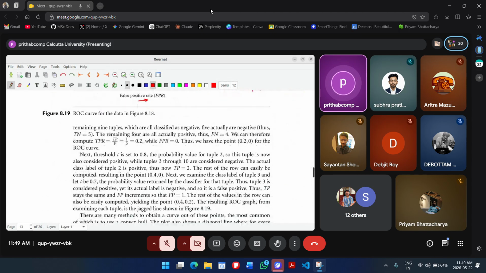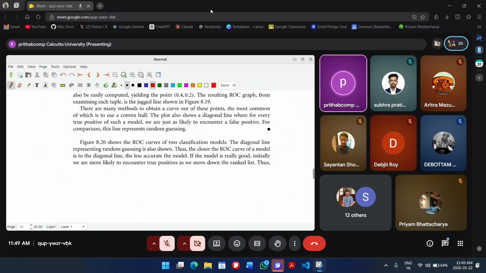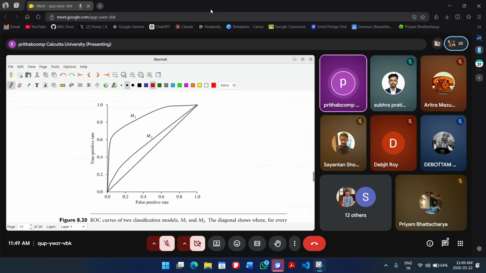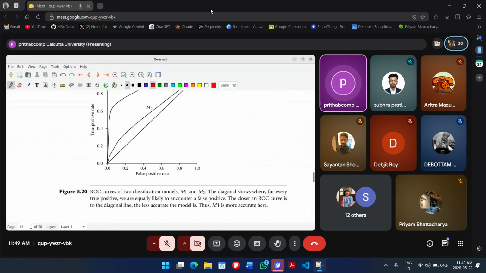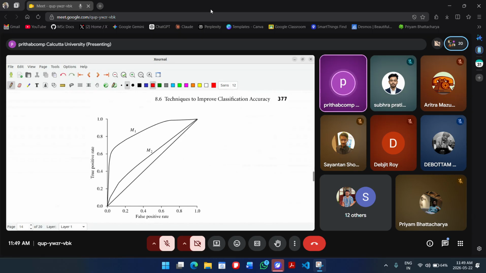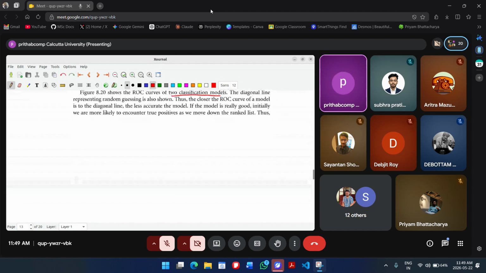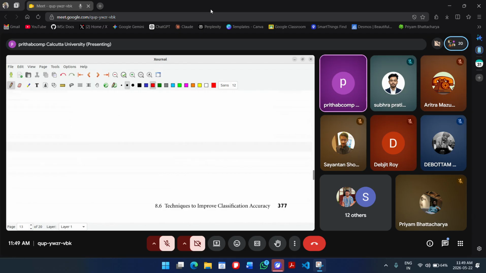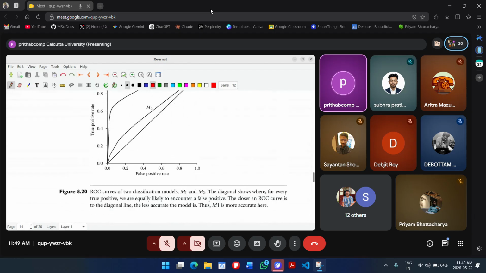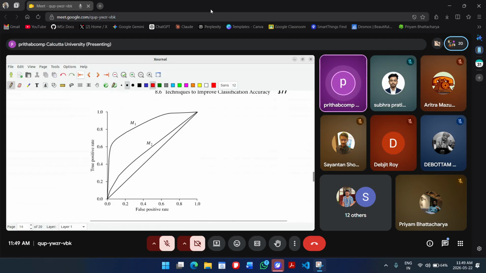Okay, so this is all about the metric of ROC. So for example, over here you can see another example. So these are the two models, okay, M1 and M2. So it shows two classification models, okay. And if you see here, so you have seen two models, one is M1 and one is M2.